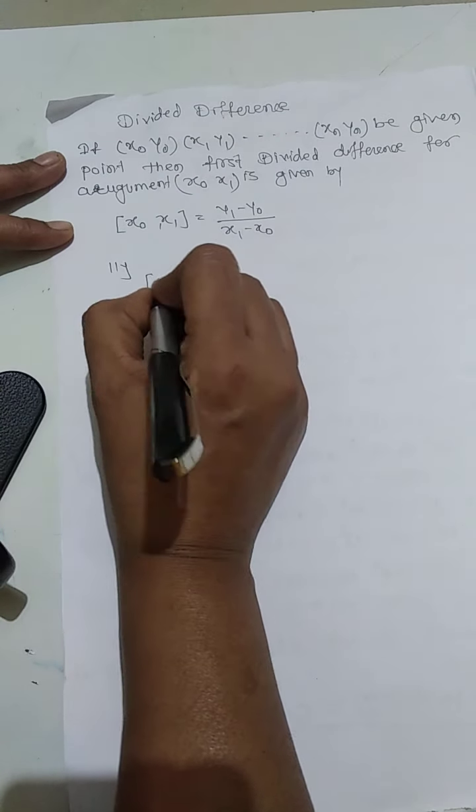Similarly, [x1, x2] is equal to (y2 minus y1) upon (x2 minus x1).